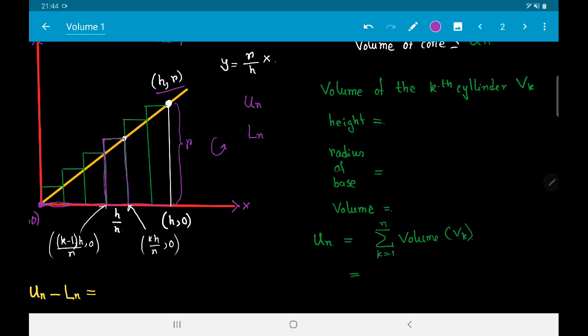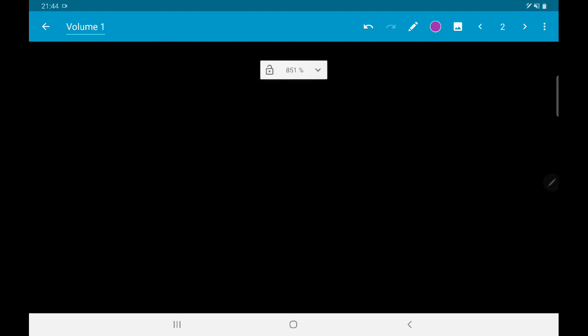And what is the radius of the base of the cylinder? This is going to be exactly the length of this line, which is perpendicular to the x-axis here. And what is going to be the height of the right circular cylinder? It is going to be equal to this part, the length of the subinterval that we have got from the partition.